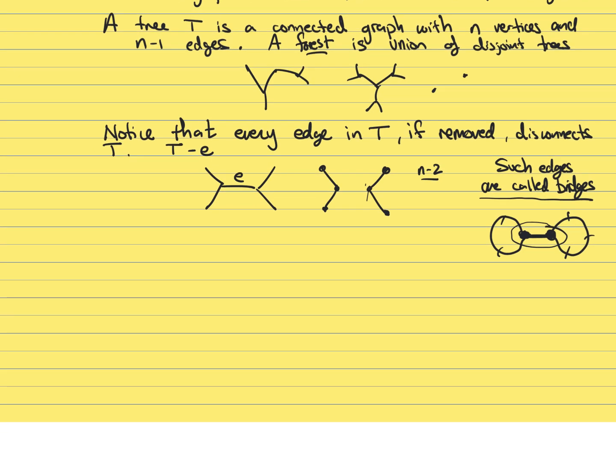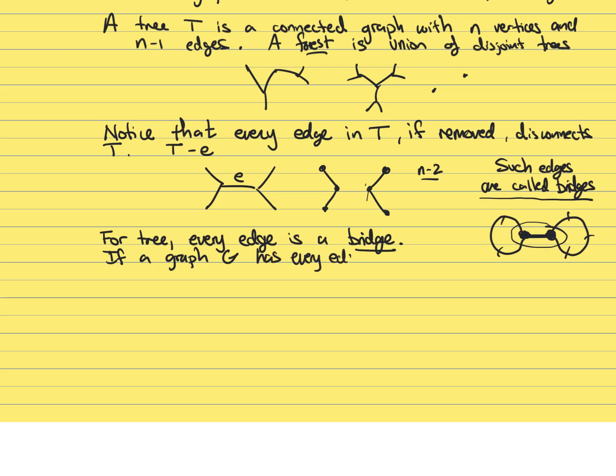It turns out that an equivalent way to say this is that for a tree, every edge is a bridge. It turns out also, and we'll see this in a second, that if a graph G has every edge a bridge, it's also a tree.